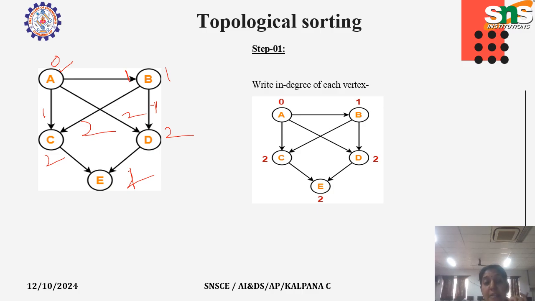We have calculated the in degrees of A, B, C, D and E and represented them. This is the first step of topological sorting, which we perform with the help of a directed acyclic graph. We'll see the next step in the next video.